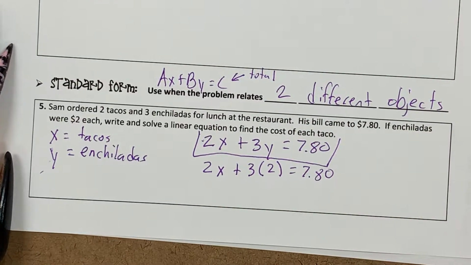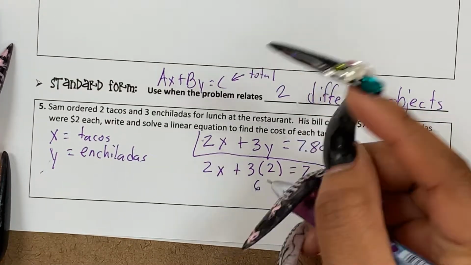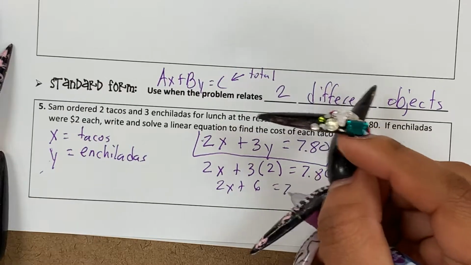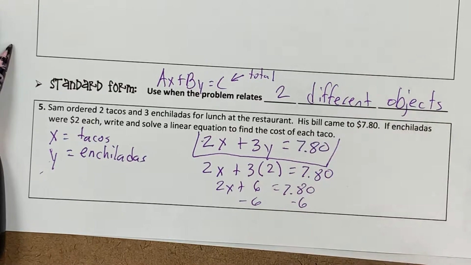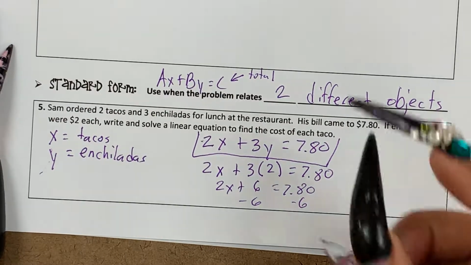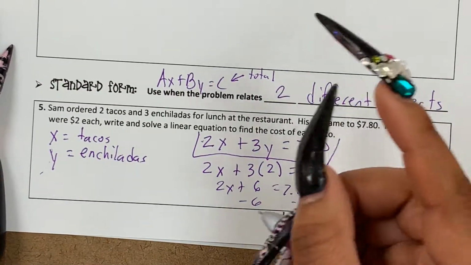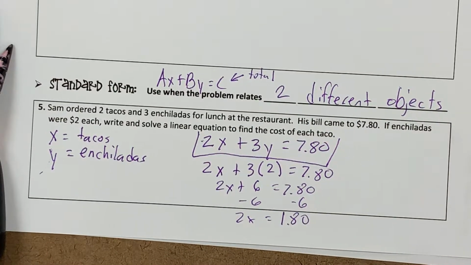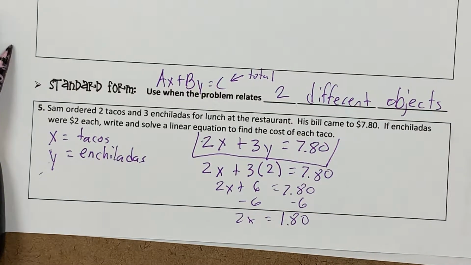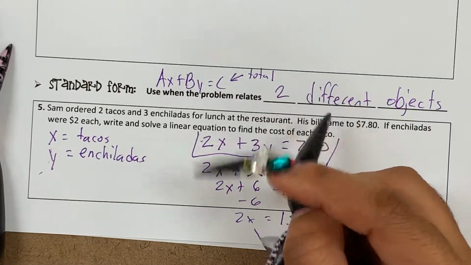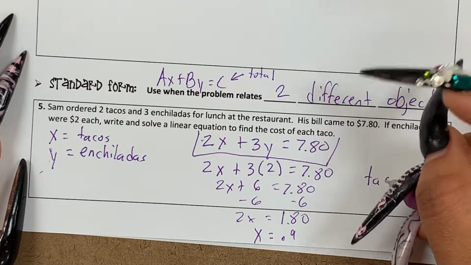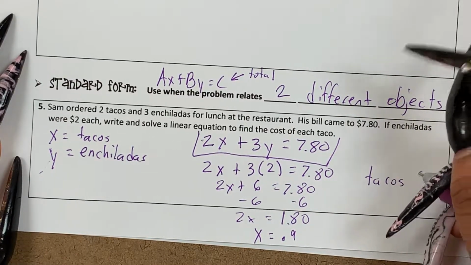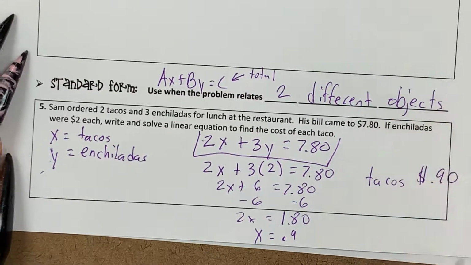We're going to solve for X. So that means tacos were 90 cents.